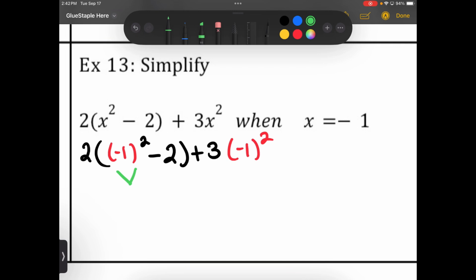What is -1 squared? Positive 1 minus 2. Remember, we're in gems. We are using order of operation, and we are simplifying our grouping. So what is 1 minus 2? -1.